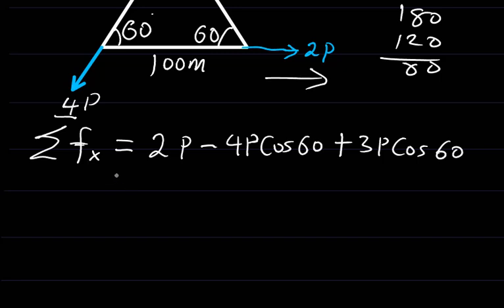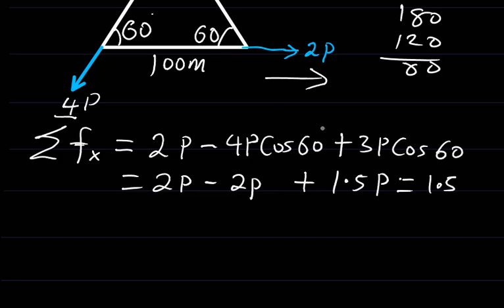Let's put it together. It's going to be 2p. Cos 60 is 0.5, 0.5 multiplied by 4p, that is minus 2p. Cos 60 is 0.5 multiplied by 3p, that's 1.5p. So 2p minus 2p is 0, so the horizontal component of the system of forces is just going to be 1.5p.